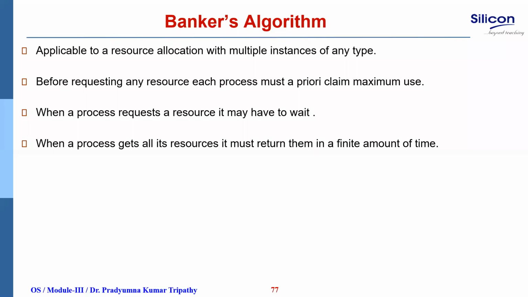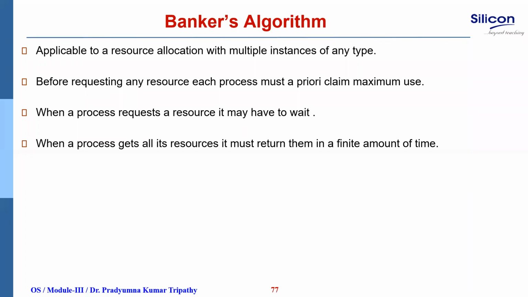Suppose a particular process P5 requires 5 hard disks and 3 have already been allotted. Whenever the remaining 2 are given, the process has to return all 5 hard disks. So whatever resources were previously allocated, it also has to return.